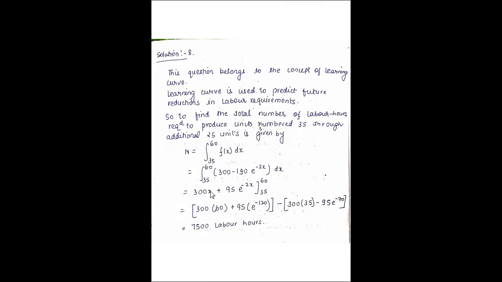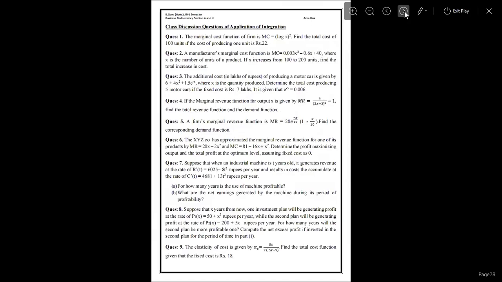So integration 300x and e to the power minus twice x will be e to the power minus twice x, but we have to divide with the coefficient of x. That means minus 2. So dividing by minus 2, we get minus minus plus and 190 by 2, what? 95. Now putting upper limit here, value of x, this minus putting lower limit, 0, 35. So we get labor hours, what? 7,500.